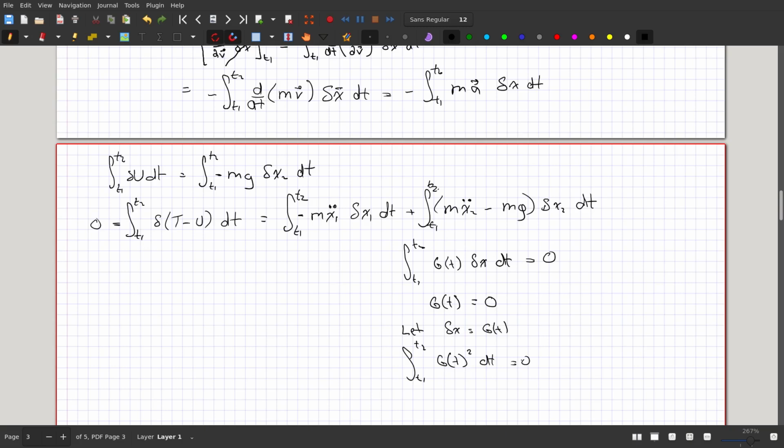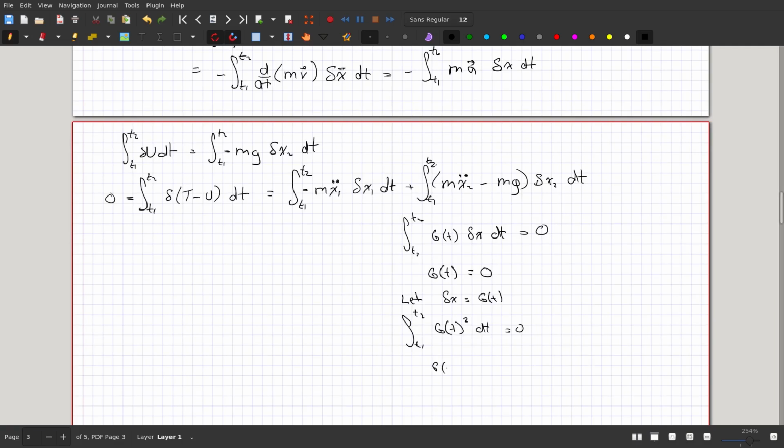So if this is true, that also implies that g of t is equal to 0. If you have the integral of something equal to 0, then the integrand is equal to 0. So this is a proof of the fundamental lemma of calculus of variations. It basically just says if that's arbitrary, then what is multiplying it is equal to 0.